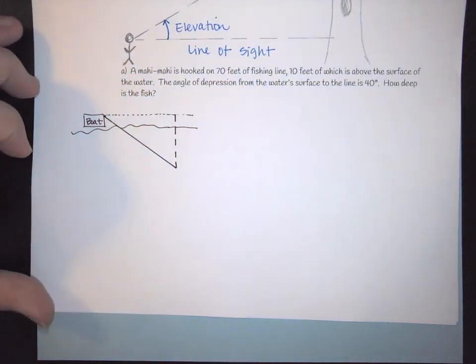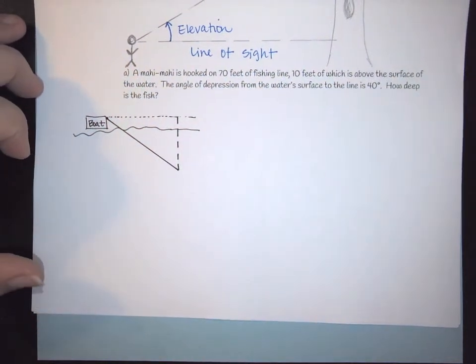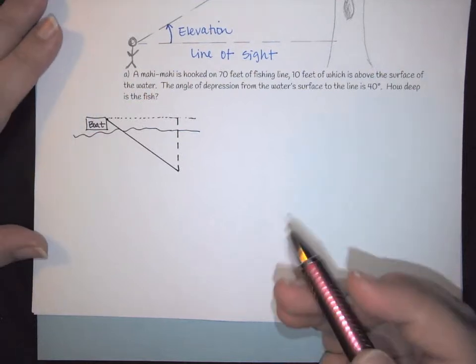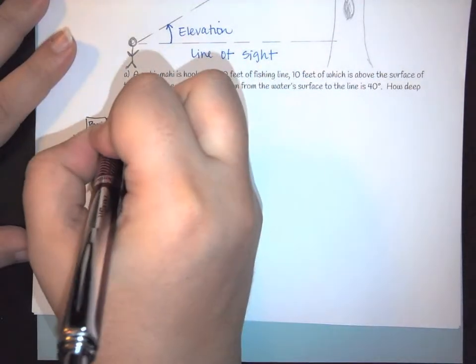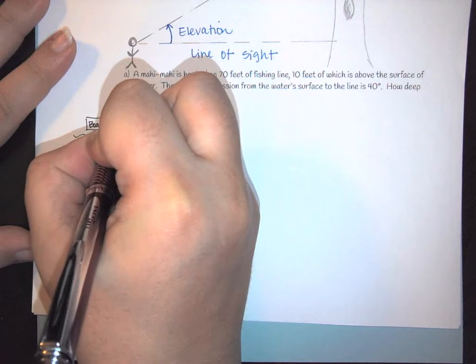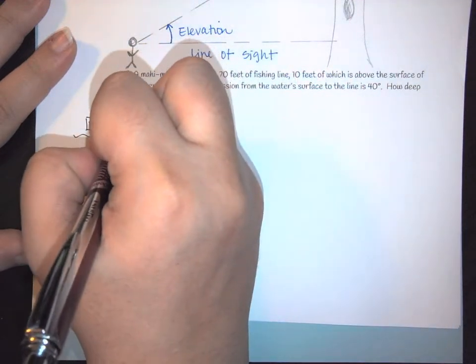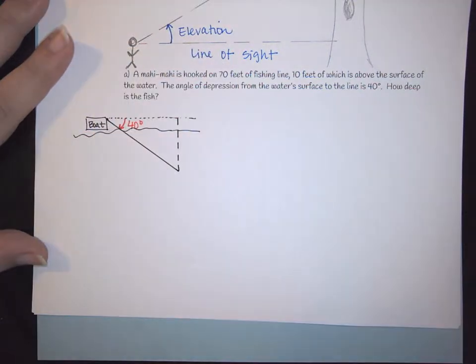And I can also look at the information that I was given. So we were told that we had an angle of depression, so we're going to come down in this downward direction, and we're doing that at 40 degrees.